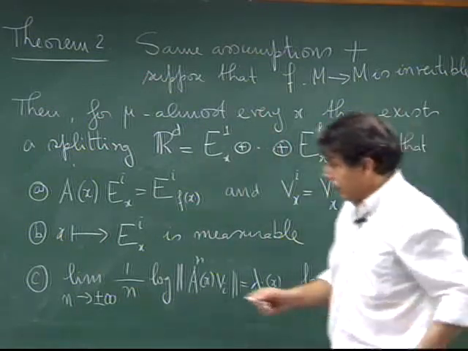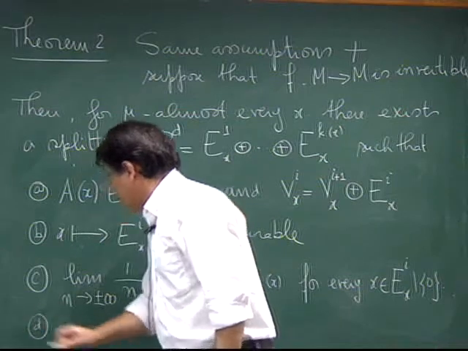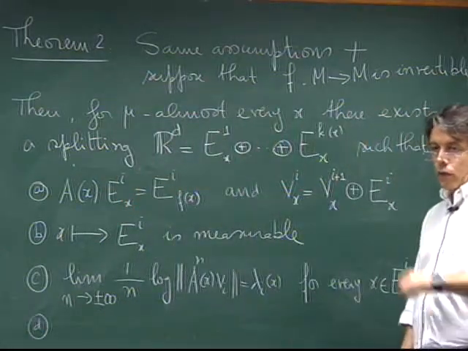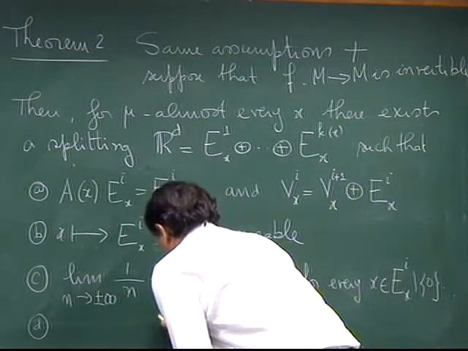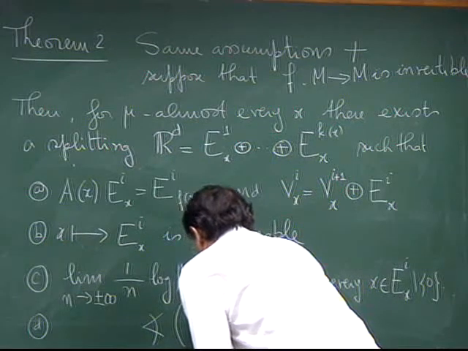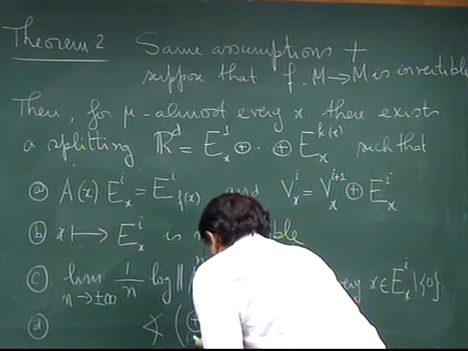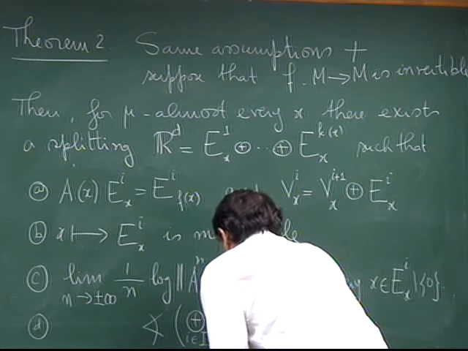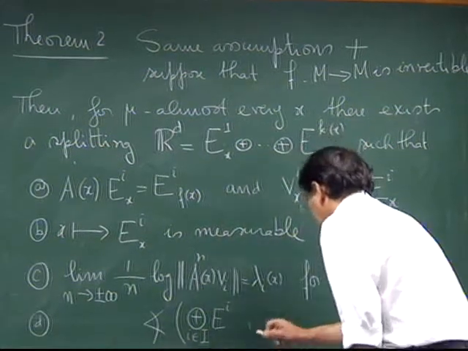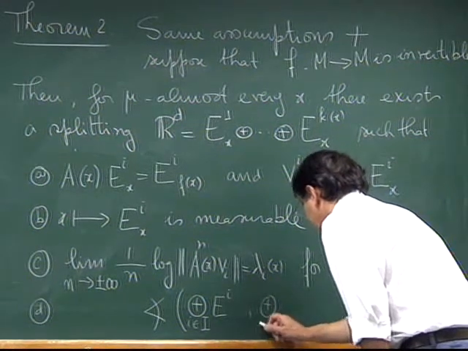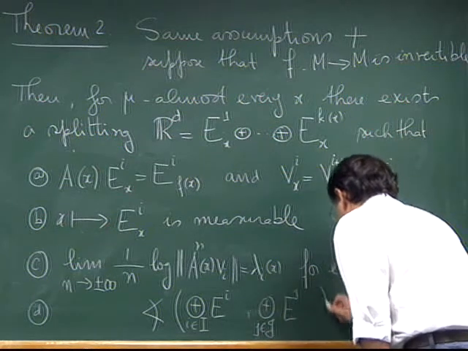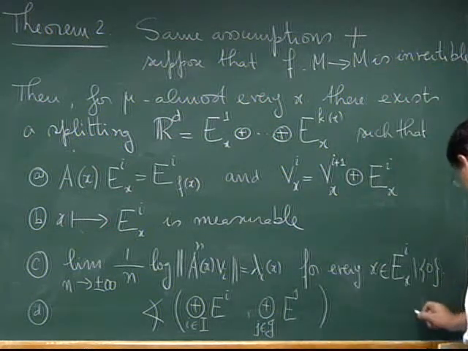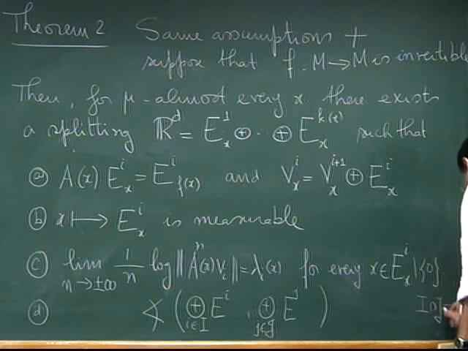So it's really nice that although the angle can be arbitrarily small, there is a lower bound that one can give. The lower bound goes like this. Take the angle between any sum of subspaces Ei, and any other sum of subspaces Ej, where I and J are disjoint.